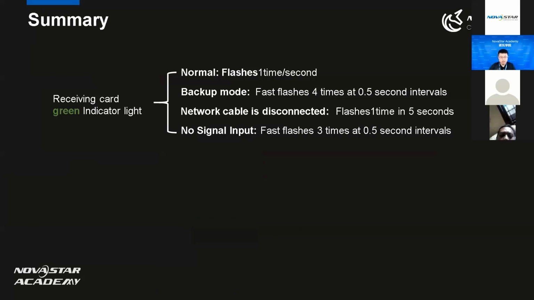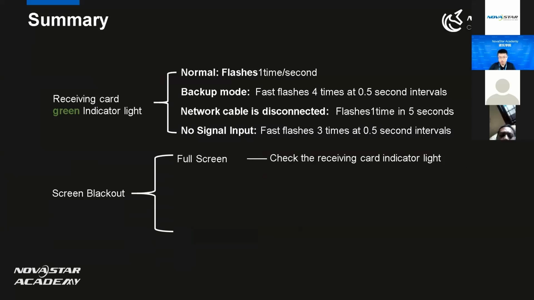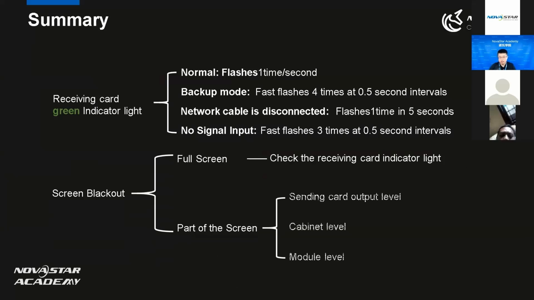So let's do a summary on the blackout issue. So first is receiving card indicator. From the receiving card indicator, especially the green indicator, we can know what working condition the receiving card is in, and we can know a lot of information first, and then try to know if it is full screen blackout or part of the screen blackout.